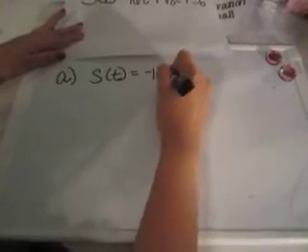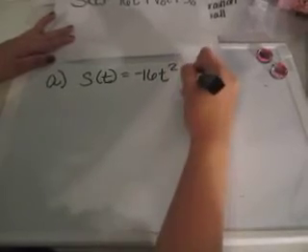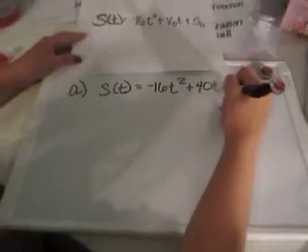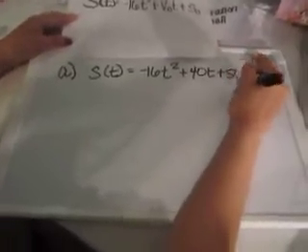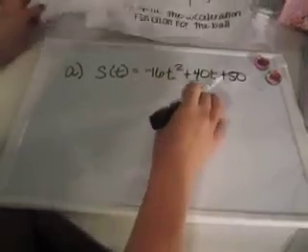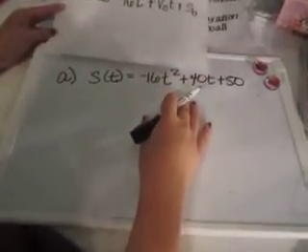So now for step A, we plug it in. s(t) equals negative 16t squared plus 40t plus 50. Okay, this is the position function of the ball.